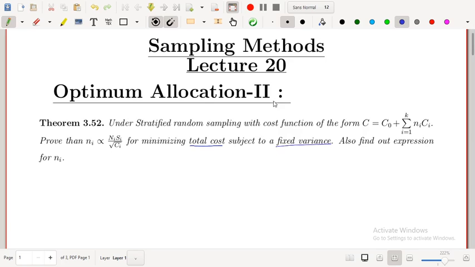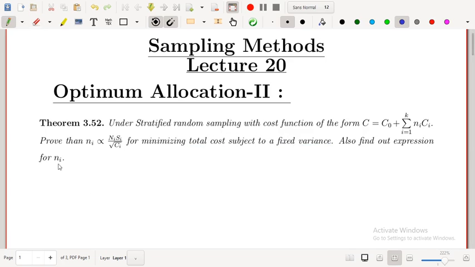The difference between optimum allocation first and second is, in the first we minimize variance subject to a fixed total cost, and in the second we minimize total cost subject to a fixed variance. And here also we have to obtain the expression for Ni.